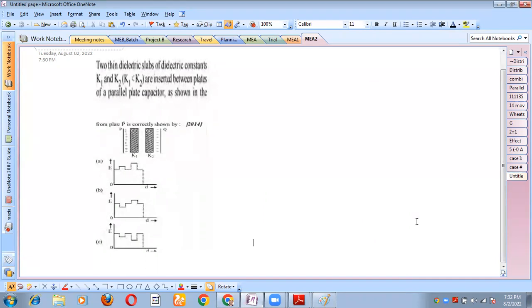It says two identical dielectric slabs of dielectric constant K1 and K2 are inserted between the plates of a parallel plate capacitor, as shown here.